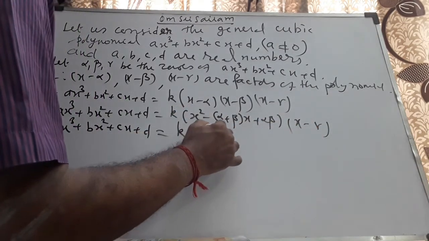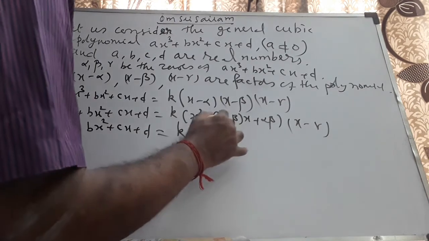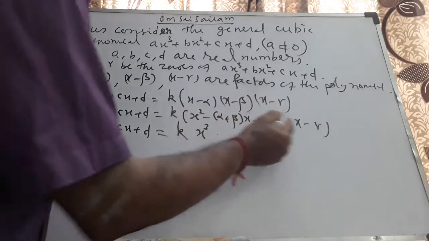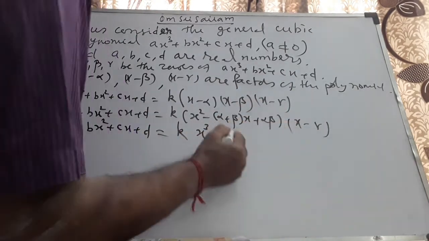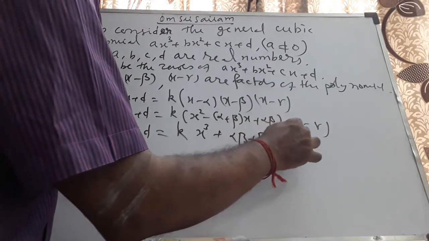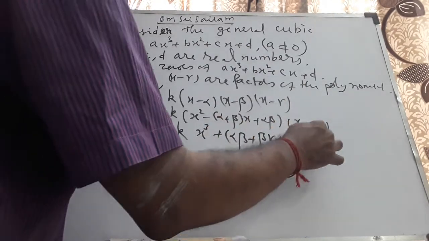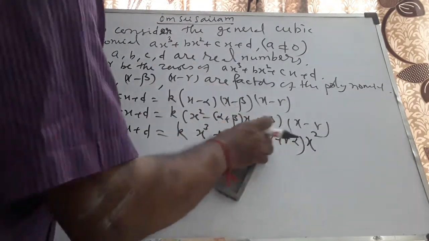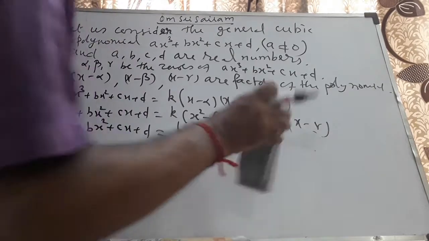One second, this is plus alpha beta x, plus alpha beta plus beta gamma plus gamma alpha into x square. Sorry, I made a mistake. I have to think about x square first.